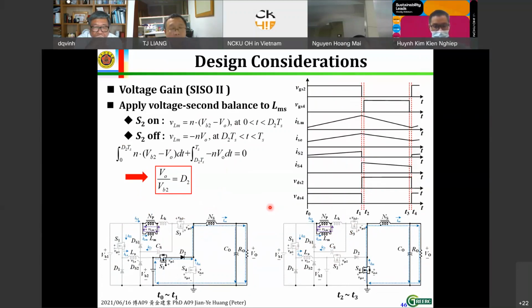In the CISO2, it's just the traditional buck converter controlled by the H2 duty. So by the volt-second balance of the LM, we can define the voltage gain of battery to load.